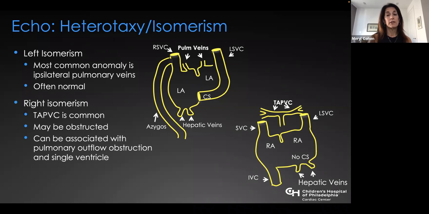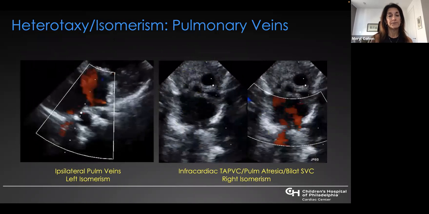Whereas in right isomerism, where you have quote unquote two right atria, the pulmonary venous confluence may not be able to make its way to the heart because there is no left atrium, and total anomalous pulmonary venous connection is common. They may be obstructed in this situation, and they're often associated with other complex heart disease, such as double outlet right ventricle or right ventricular aorta with pulmonary atresia, single ventricle. And so in that context, the risk is extremely high.